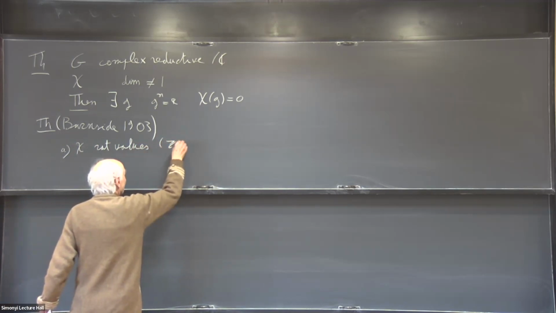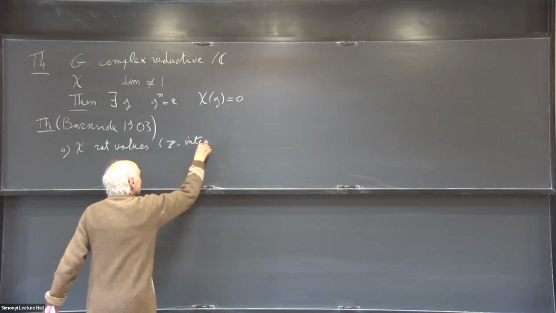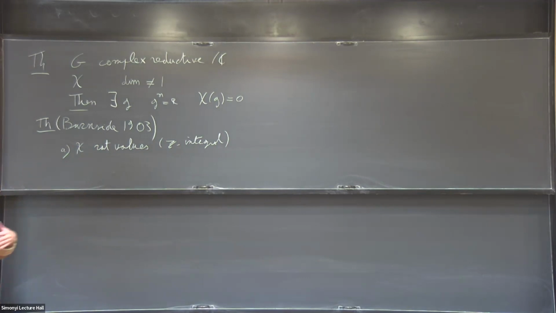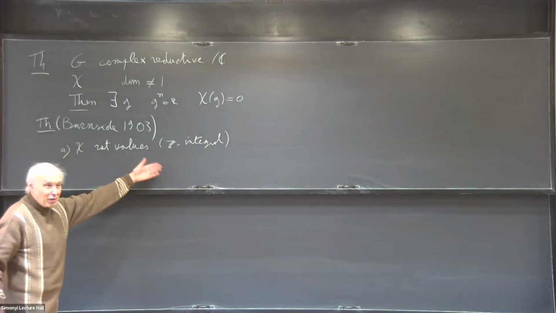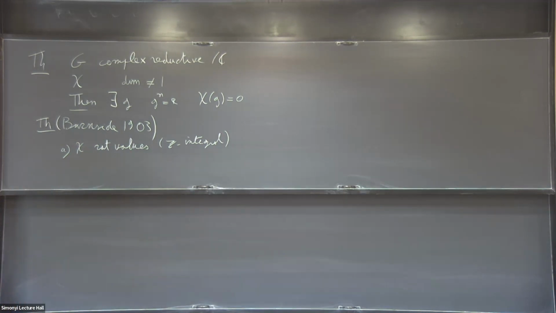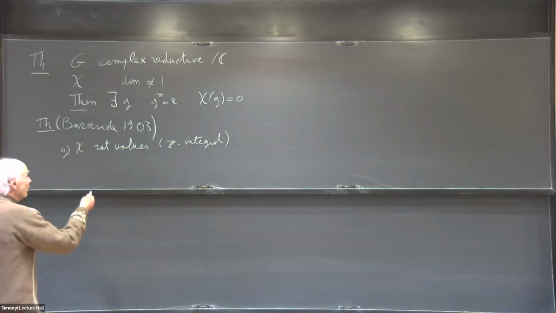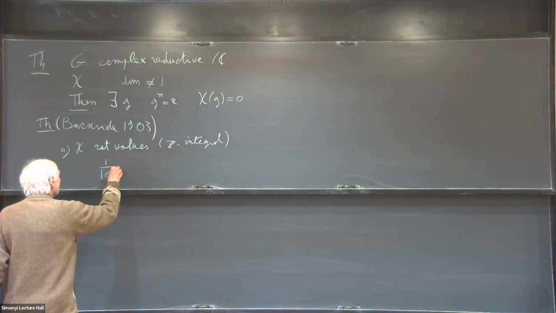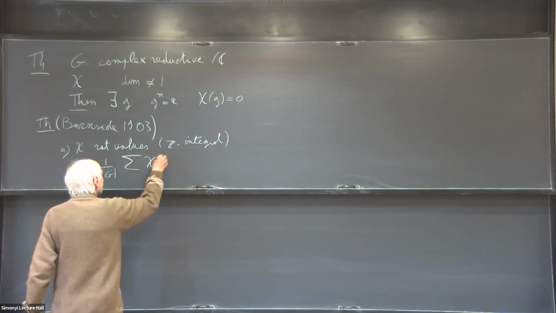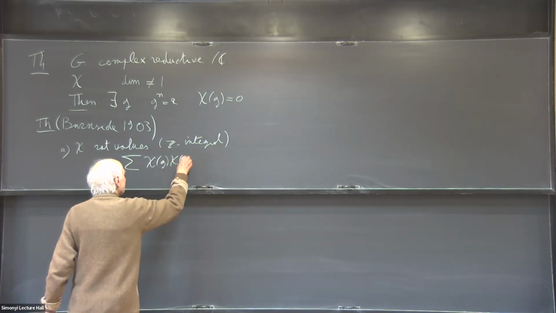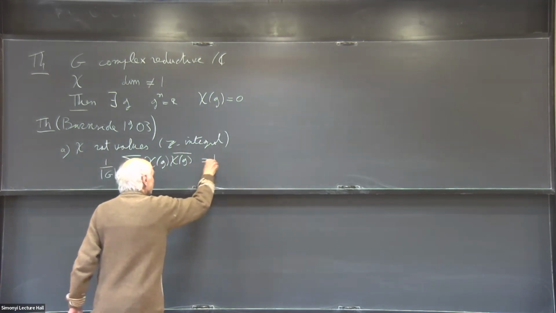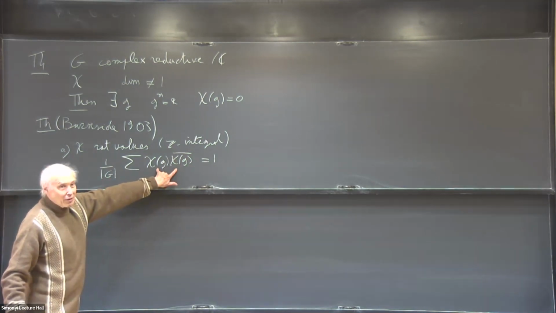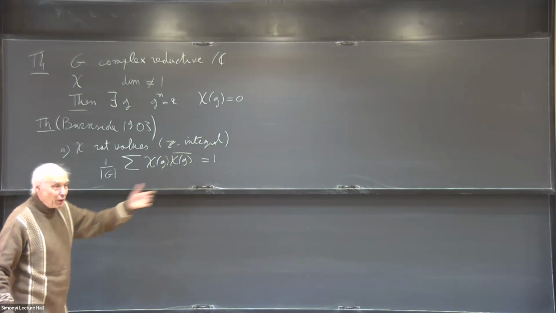And then it's of course also integral valued, because the values are anyway sums of roots of unity, so algebraic integers, so if rational it's an ordinary integer. Then one just has to use the orthogonality of characters, which means that the mean value of the square of the absolute value of the character is 1.